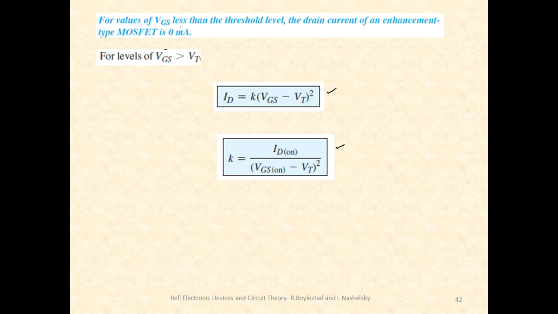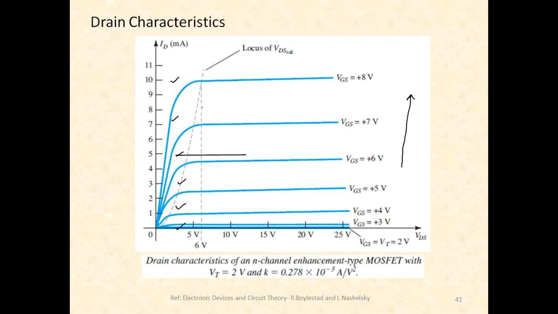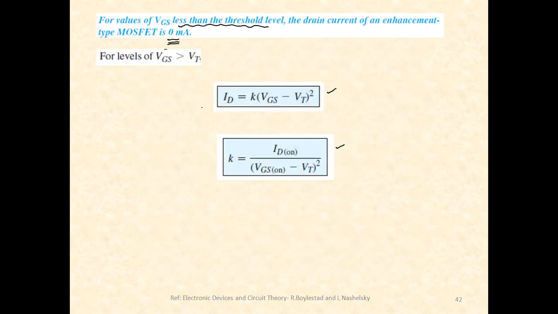I can express it like this. For values of VGS lesser than the threshold value, the drain current of an enhancement MOSFET is 0 milliamps. The reason is, if the MOSFET was an ideal device, let me show it in a simplistic way.